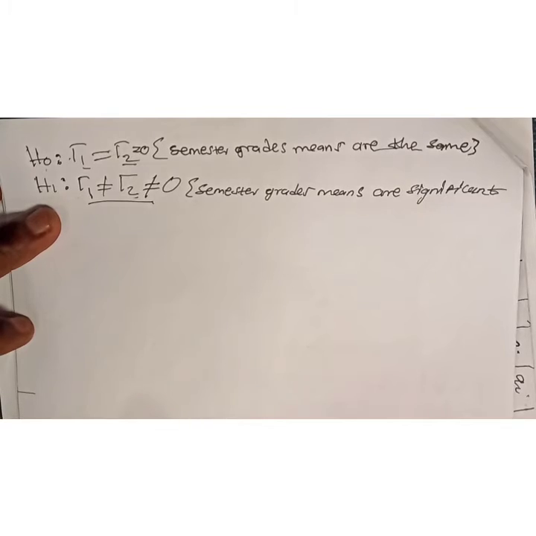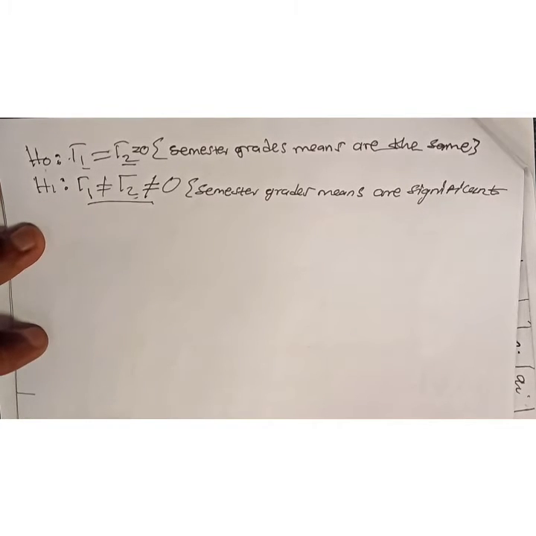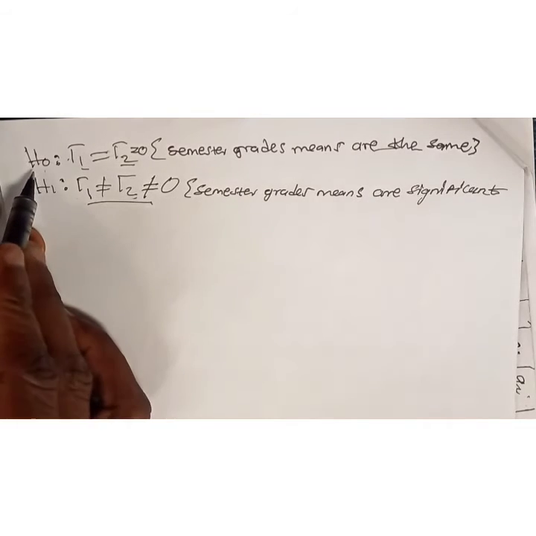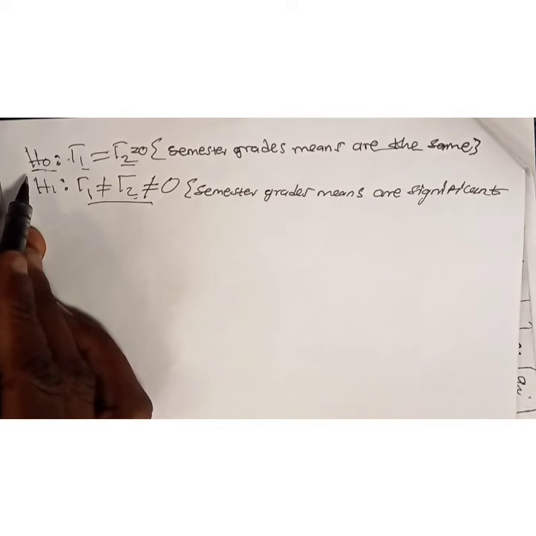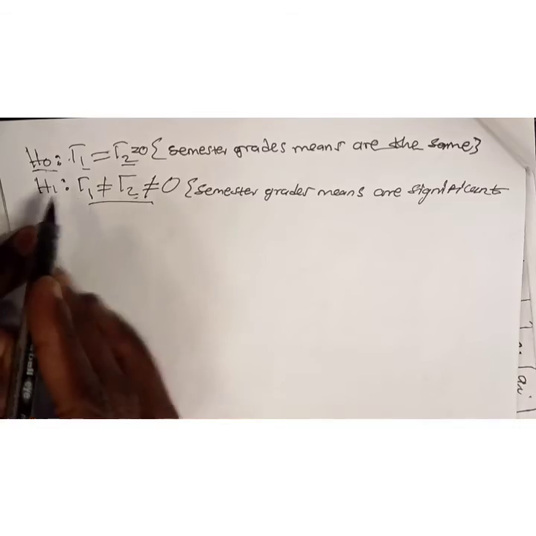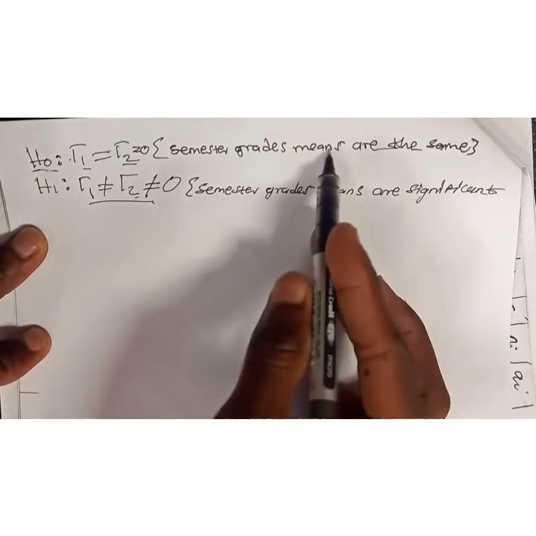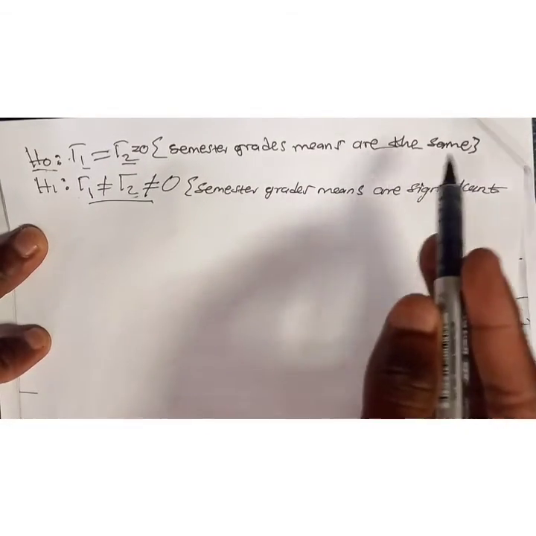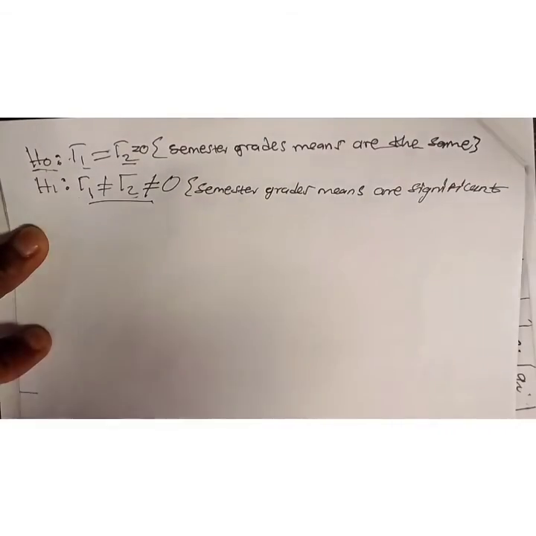But since in our confidence interval 0 is included, we are going to fail to reject H0 and conclude that the semester grades means are the same at 5% level of significance.